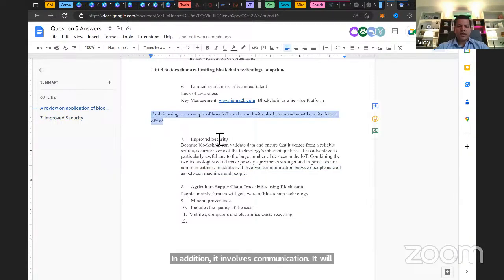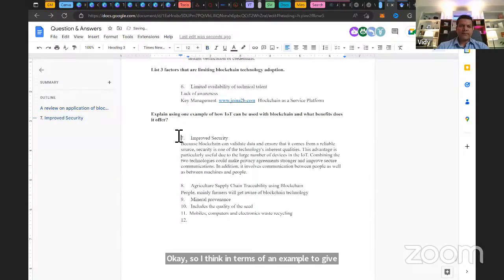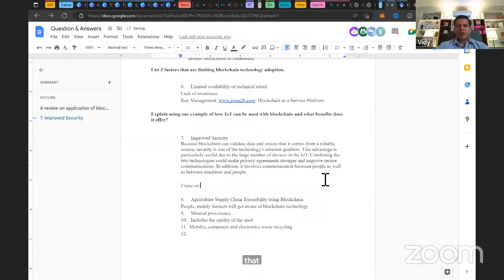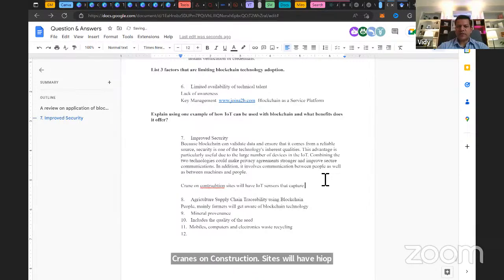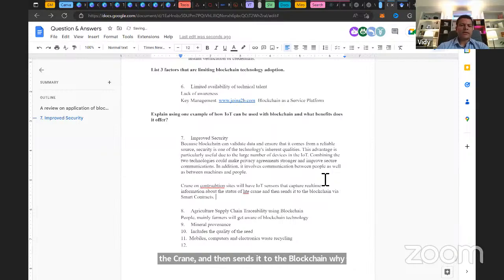Okay. So I think in terms of an example to give here, you can say that cranes on construction sites will have IoT sensors that capture real-time information about the status of the crane and then send it to the blockchain via smart contracts.